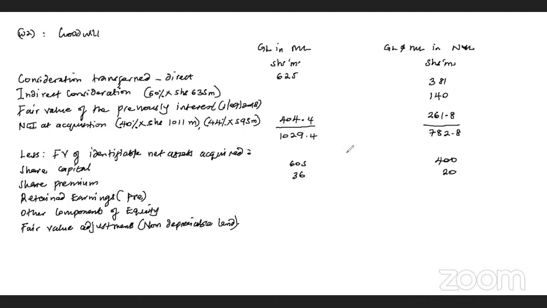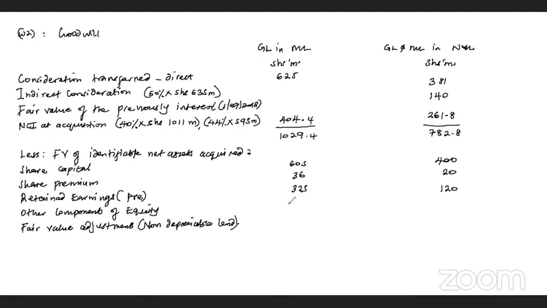Retained earnings pre-acquisition are given in the additional information, note 1 and note 2. So the pre-acquisition earnings of ML, the earnings of ML when it was acquired, this is 325. Then the retained earnings of NUL on 1st July 2018 when control was obtained is 120. Other components of equity have been given still in the additional information.